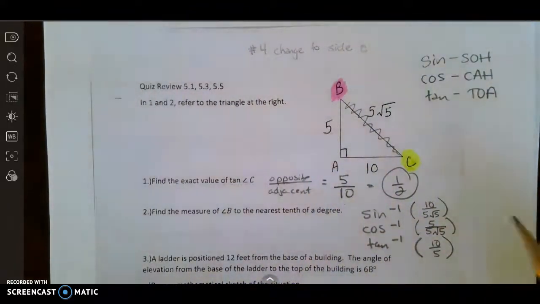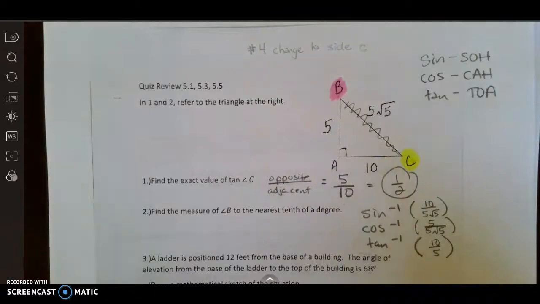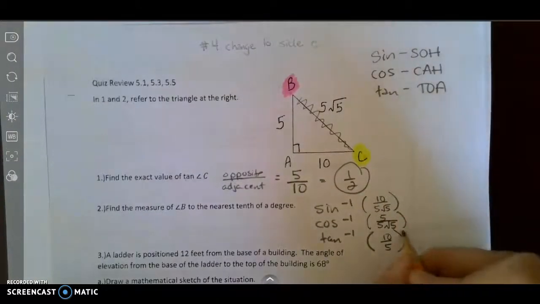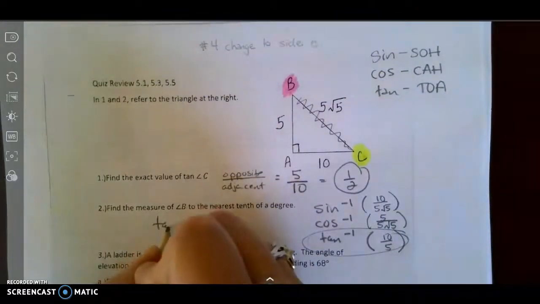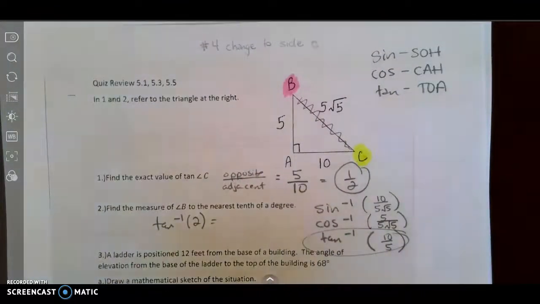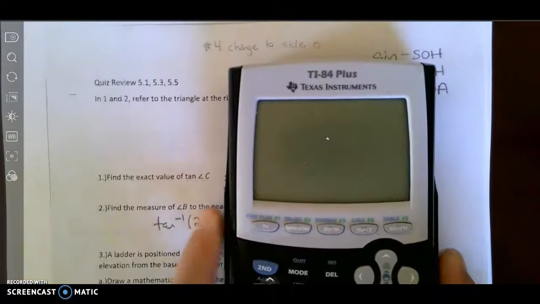Well, if I had to pick which one of these to put into the calculator, and I can use a calculator, I'm going to use this last one. And I'm simply going to type into my calculator, because I'm choosing this one, inverse tangent of 2. I'm going to make sure my calculator is in degrees.